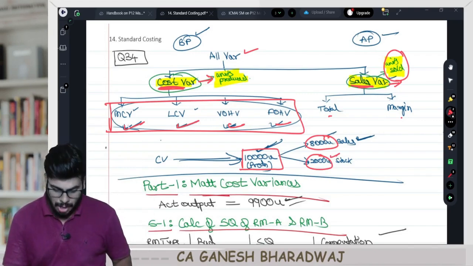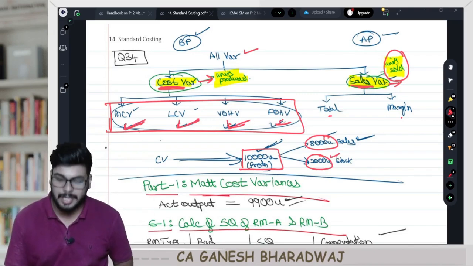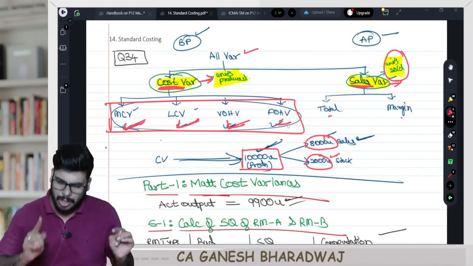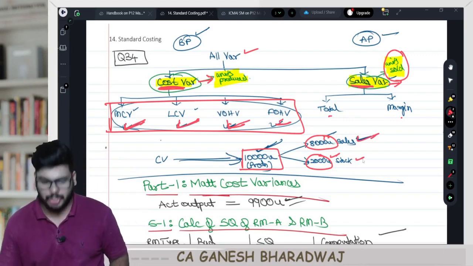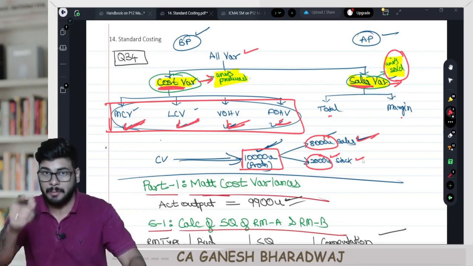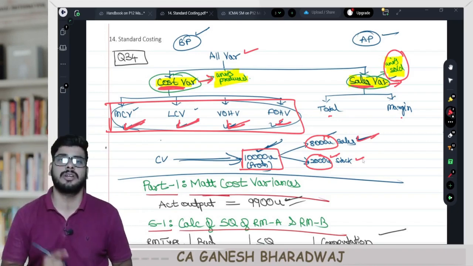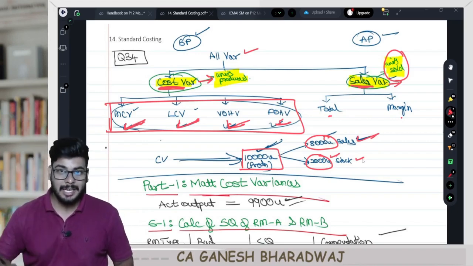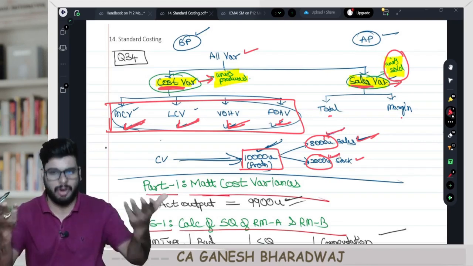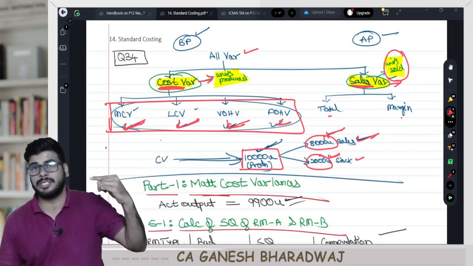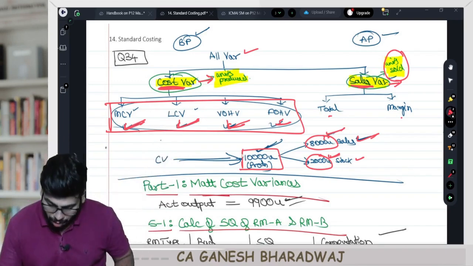Now you tell me, all the costs that I incur, are they incurred only with respect to the units sold, or are they incurred even with respect to the 2,000 units which I have produced, but I have deliberately kept as a stock? Yes. So I incur these costs with respect to both the units sold and the units unsold. Or in other words, all the costs are incurred for the production.